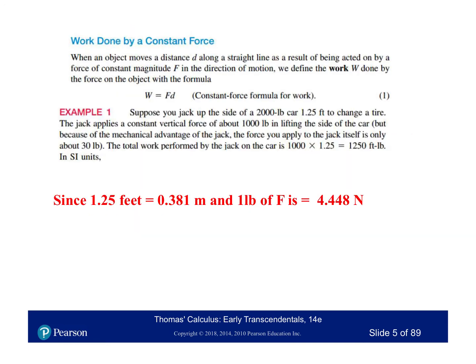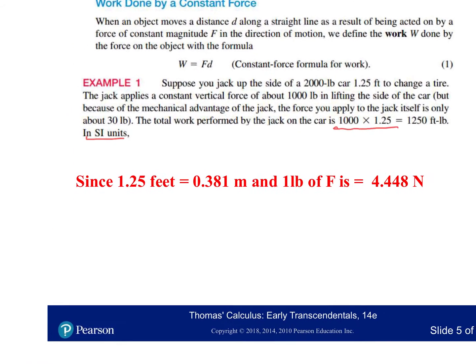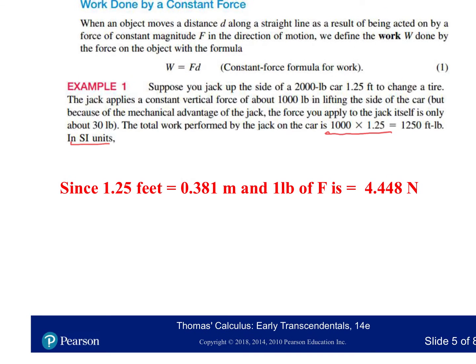Now, he added more to this problem because we said the work performed by the jack is that answer, but he wants it in the metric system. So to do the same problem in the metric system, you need to be talking about meters and newtons. That's how you get a newton meter.